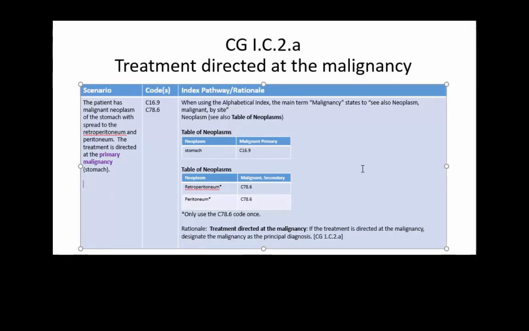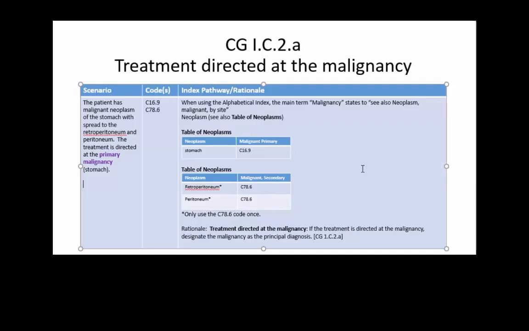When I looked up malignancy, it took me to the neoplasm table. You will almost always start with the table of neoplasms if your malignancy is specified. But if words like adenoma are used, then you have to start in the index to find your terms. Also, leukemia is in the index. It's much easier to find it there than it is in the table of neoplasms.